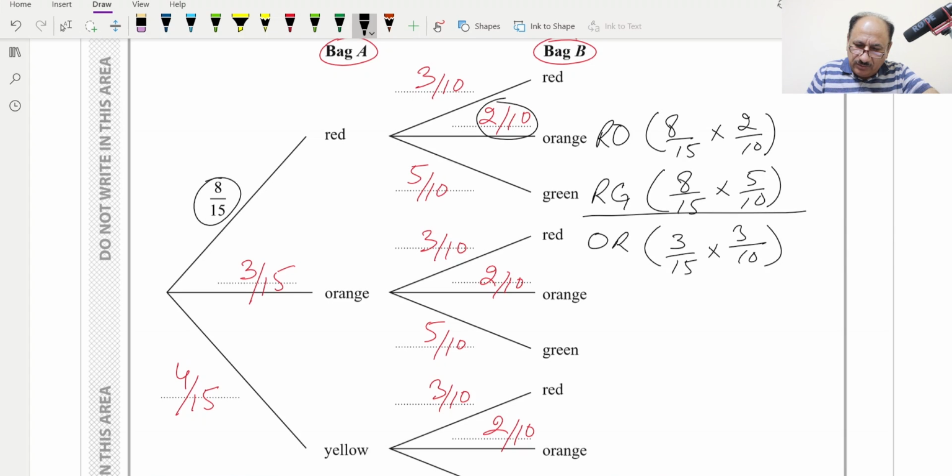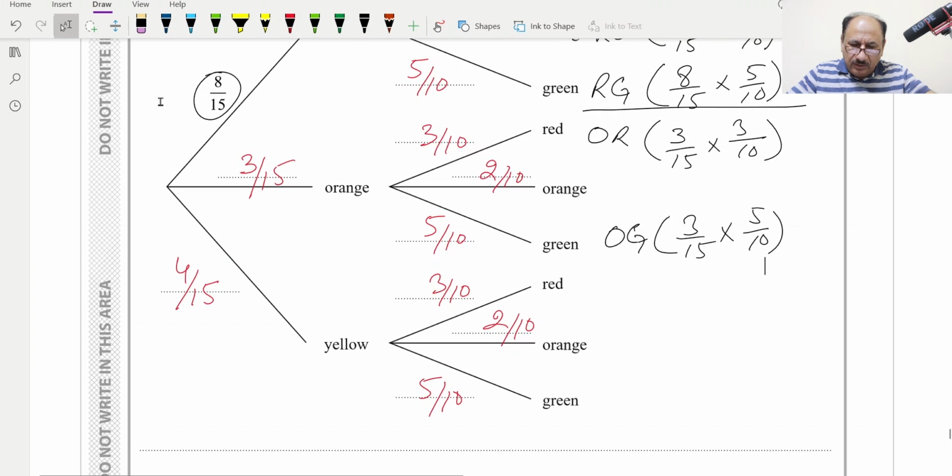Now we are doing the second one. So orange and orange we will not be taking because we need different colors. So we can take orange and green. Orange and green will have probability 3 over 15 into 5 over 10. And next, yellow and red will have probability 4 over 15 into 3 over 10.